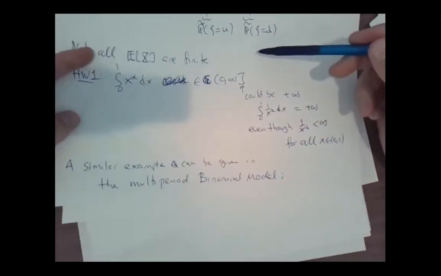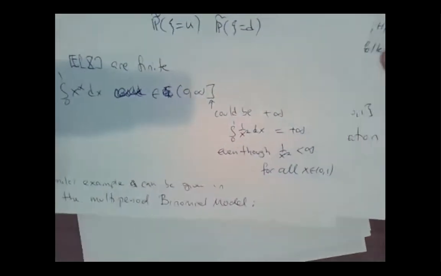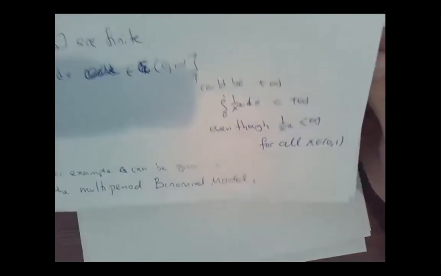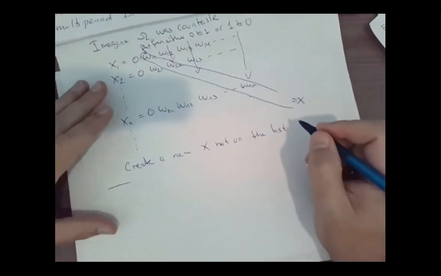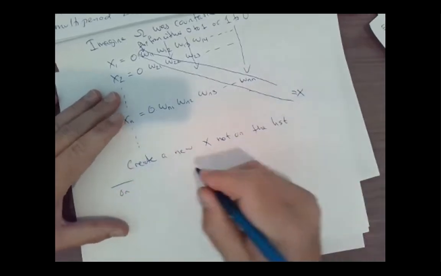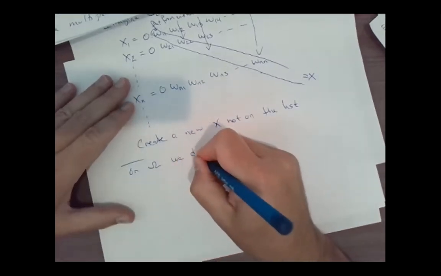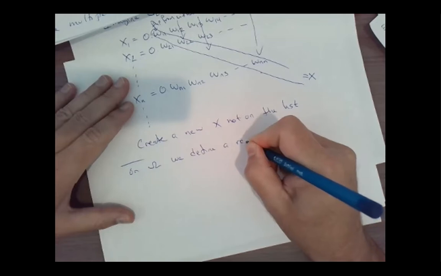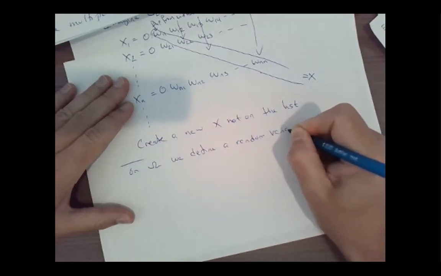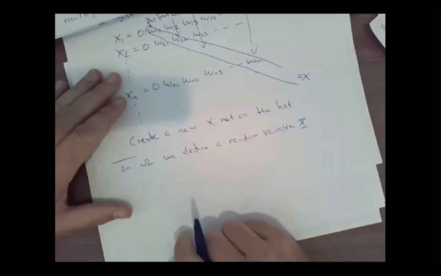So let me just show you an example of this phenomenon that's going to happen on this infinite space: a random variable which is finite, but when you compute the expectation, it blows up, and then I think we're going to call it quits. On omega, we define a random variable x.